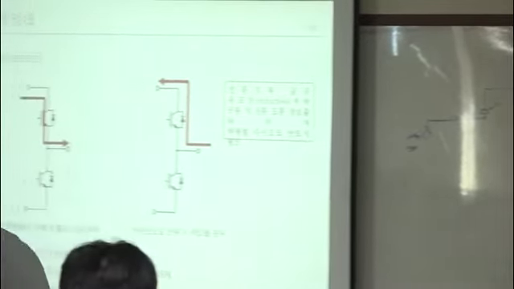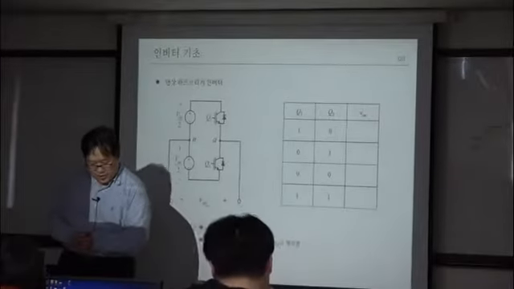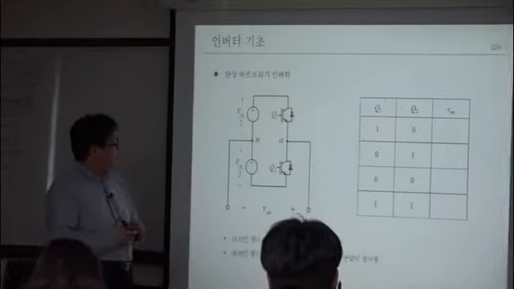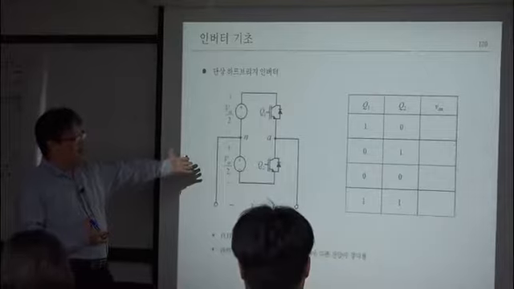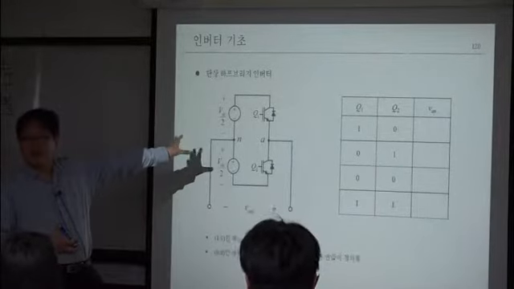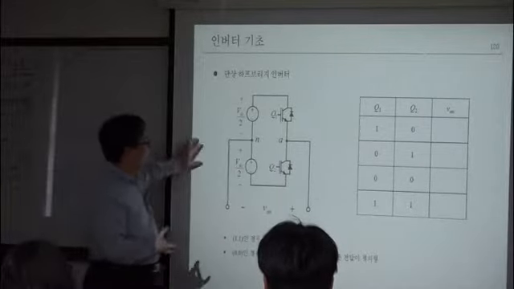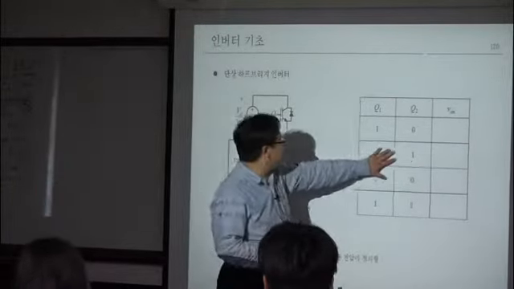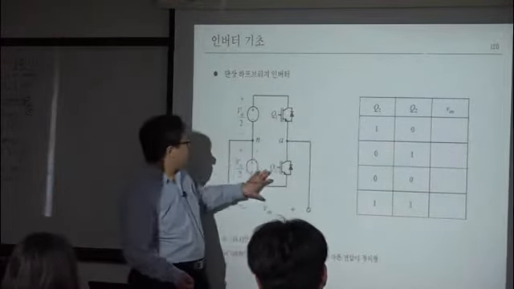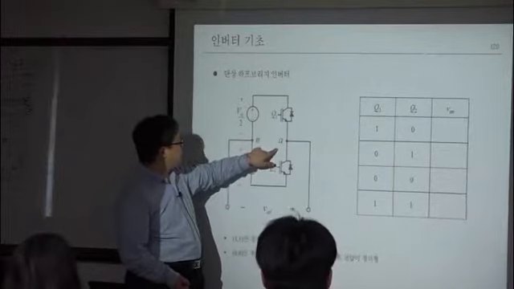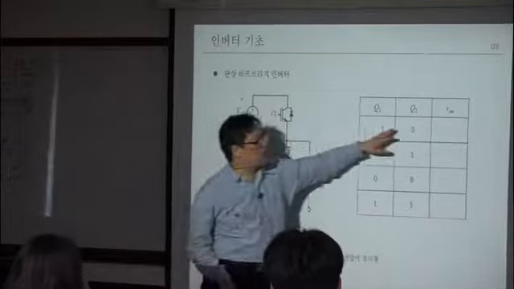Okay, so now let's simply evaluate this circuit. You guys did the analysis of this circuit several times, but I will just do it again here. If your Q1 is turned on and Q2 is turned off, your VAN, which is defined as the pole voltage, is VDC over 2, right?